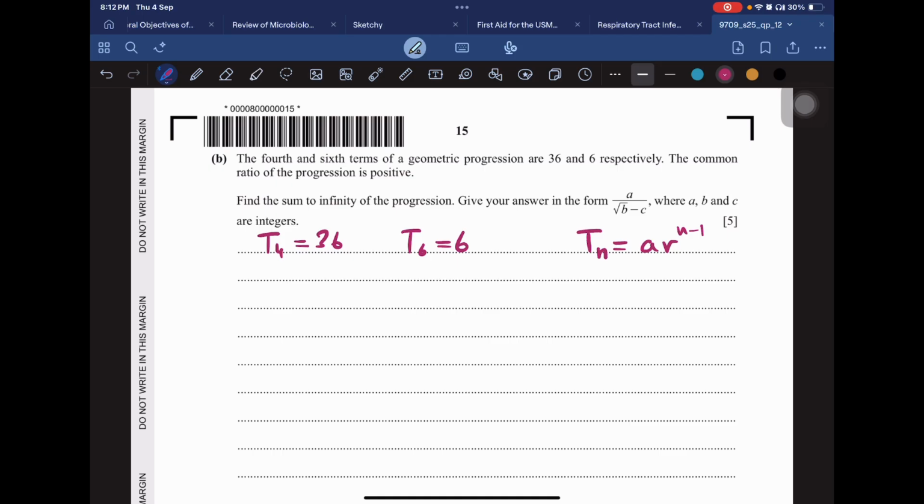This is the general formula for a term in a geometric progression. So T4 would be a r to the power of 4 minus 1, which is 3, so that is 36. And T6 will be a r power 5, which is 6.